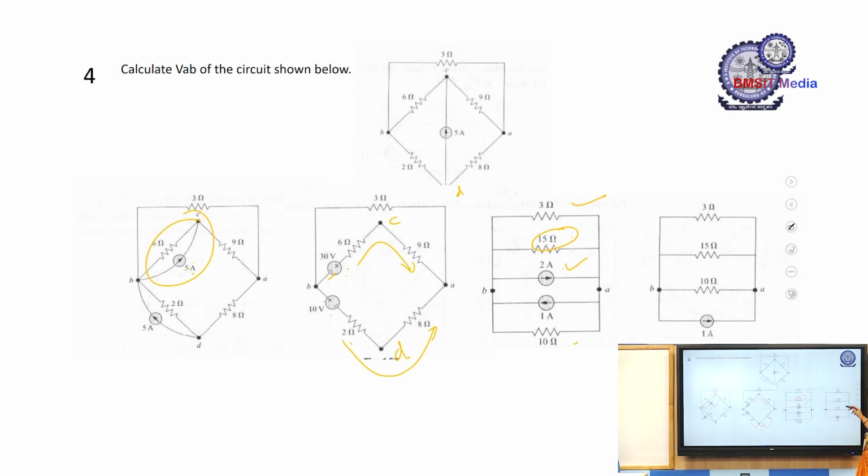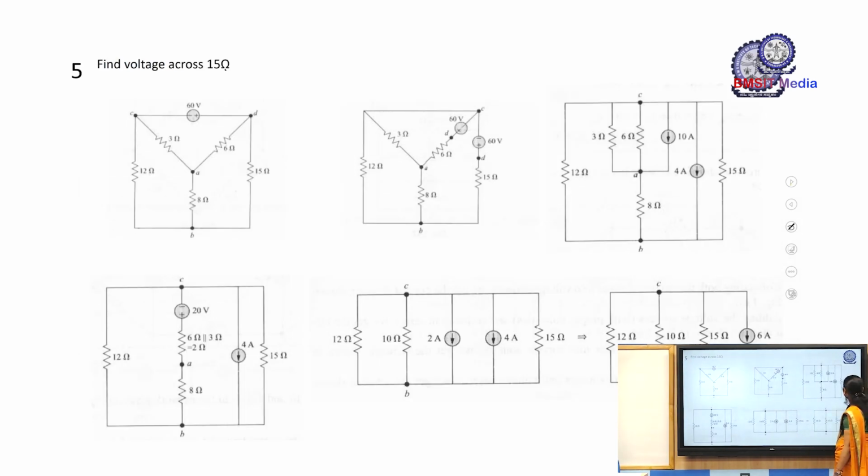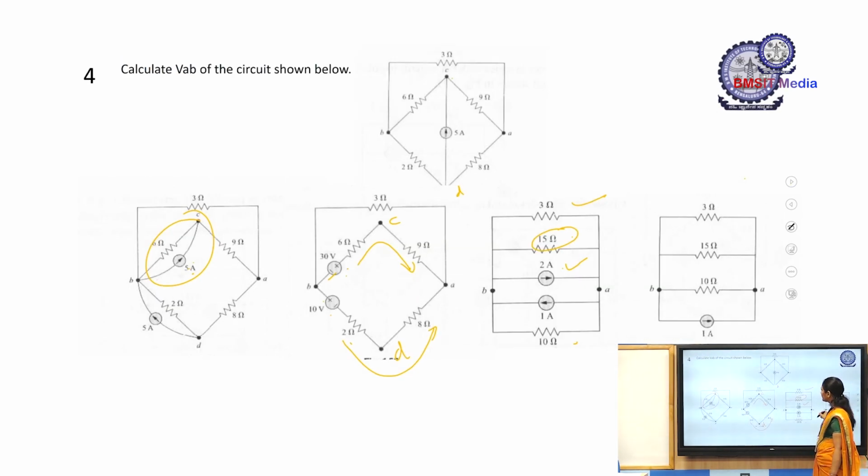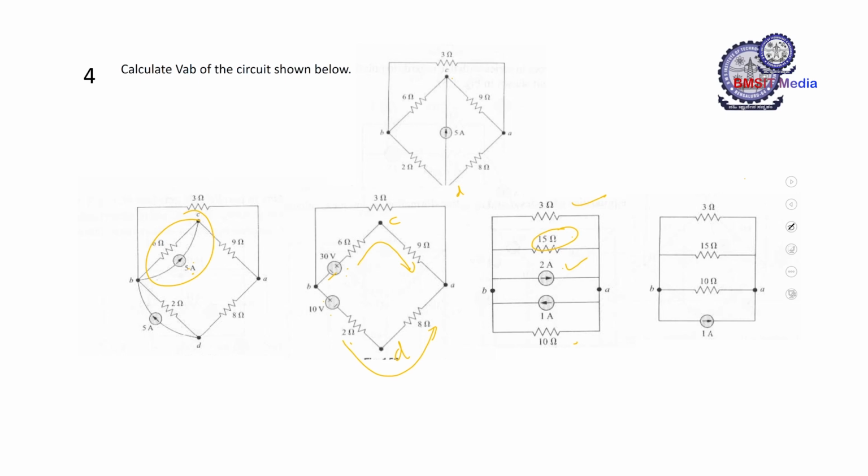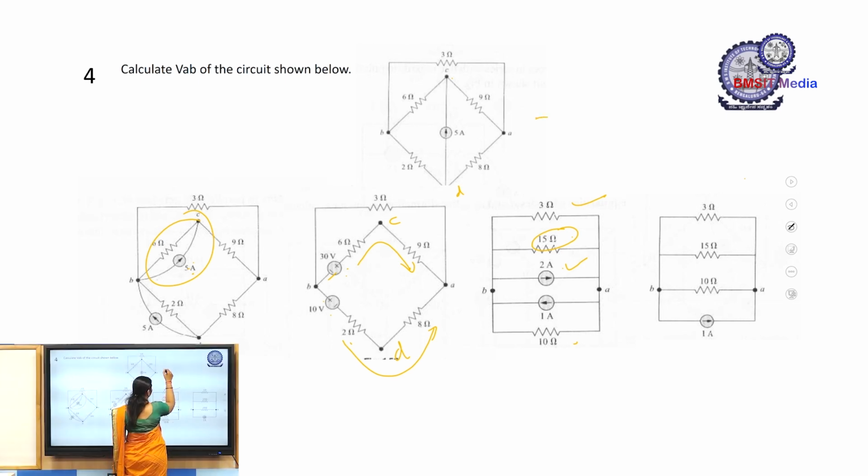After reduction, we obtain the difference between these two current sources as 1 amp, and we have the 3 resistors connected in parallel. Now we can find the voltage across these by finding R equivalent.